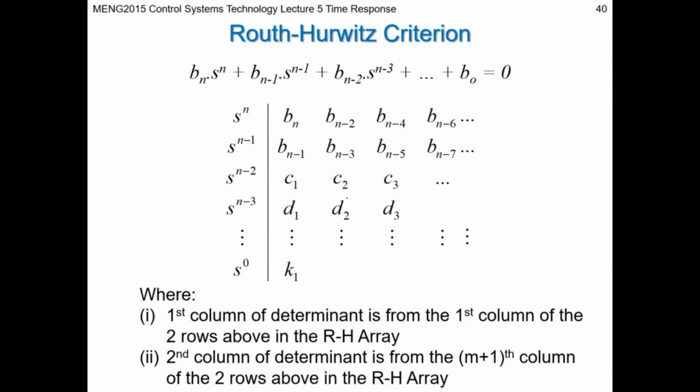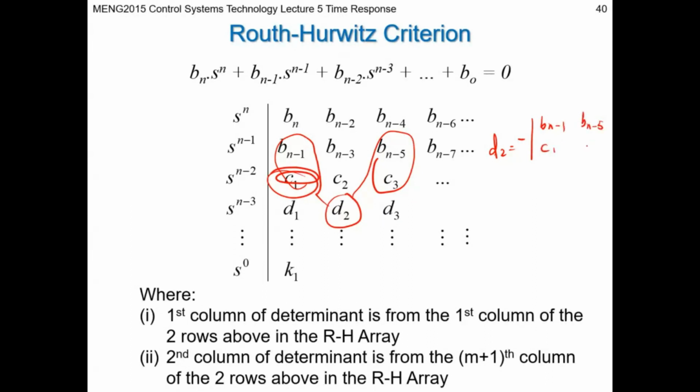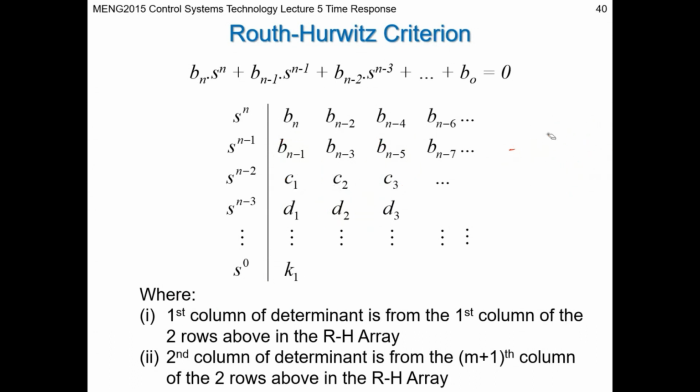And you're always dividing by the row above, so if it's D2, you take these terms and these to form your matrix, and you divide it by C1. So D2 equals minus Bn minus 1, C1, Bn minus 5, C3, divided by C1. Right. So that's how you form your Routh-Hurwitz array.